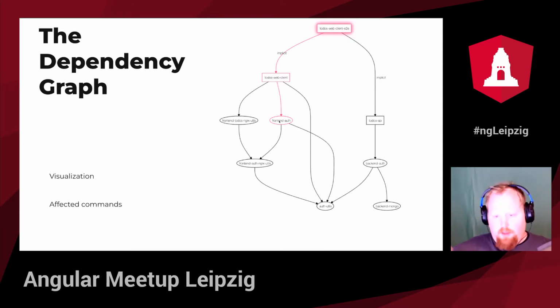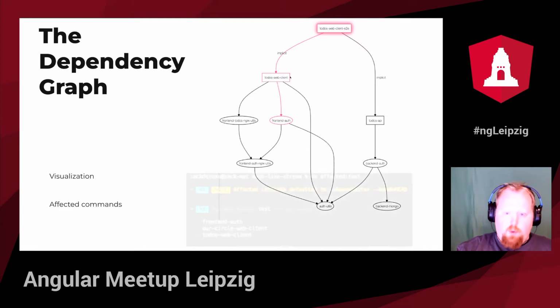I think I just added a console log. But the idea is, because we made a change in this, NX is integrated with Git to be able to see, okay, there's been a change to this library. Let's go and see what all could possibly be affected by this. So if you trace up the tree, all of the apps here that could be affected by this one change are lit up in pink.